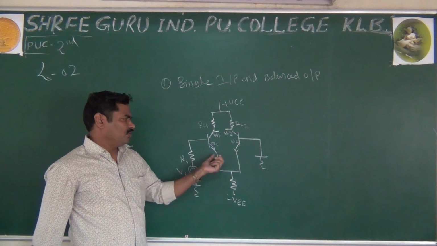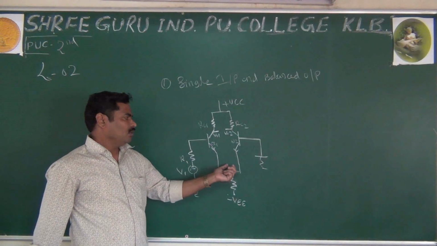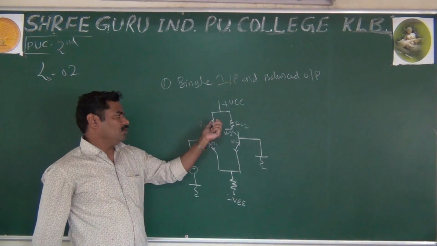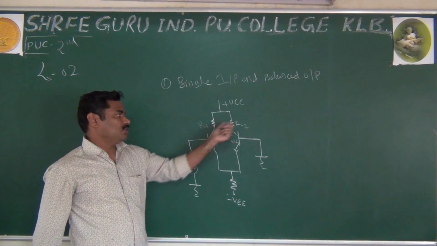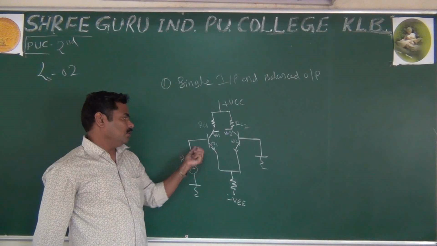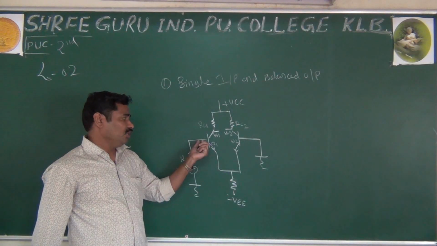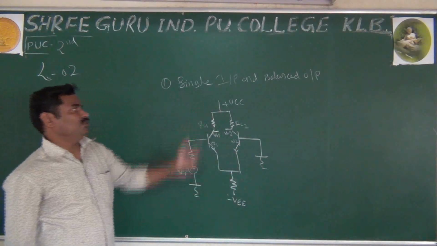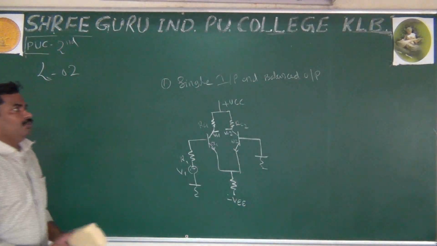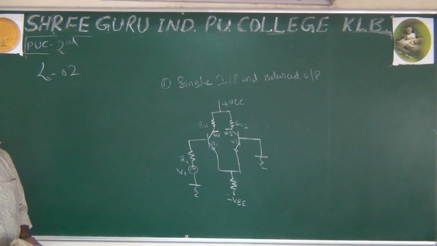As I said, both emitters are combined together, and if you want to measure the output across the collectors you use RC1 and RC2, and the input is given to the base of Q1.